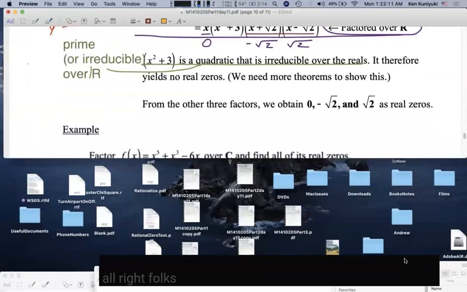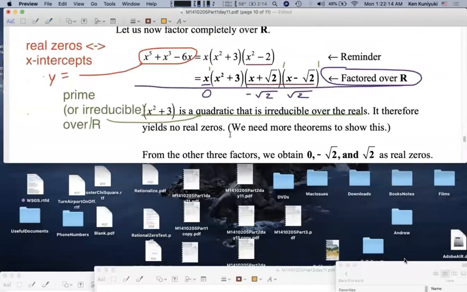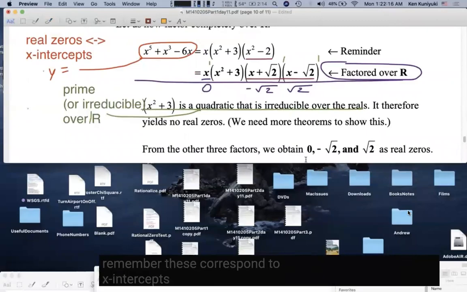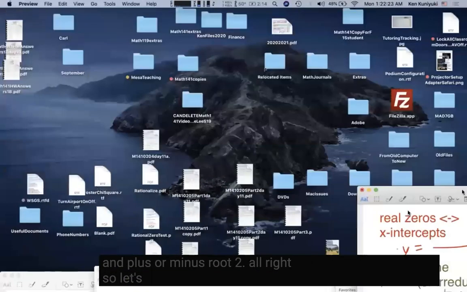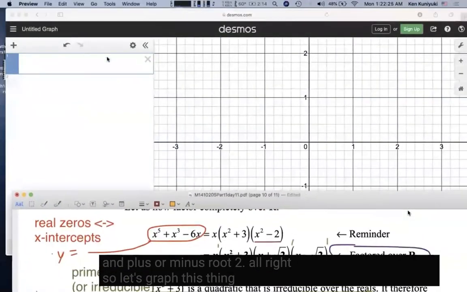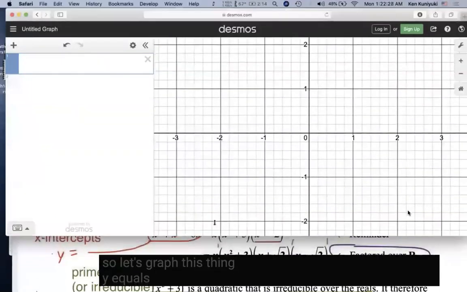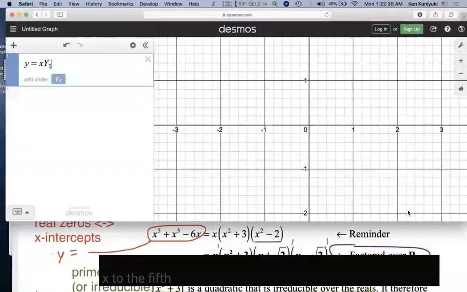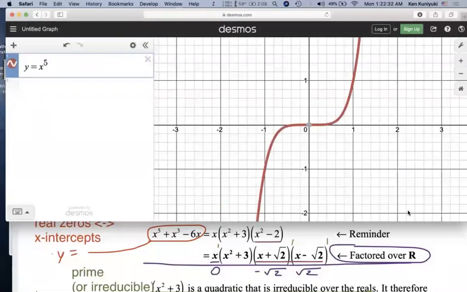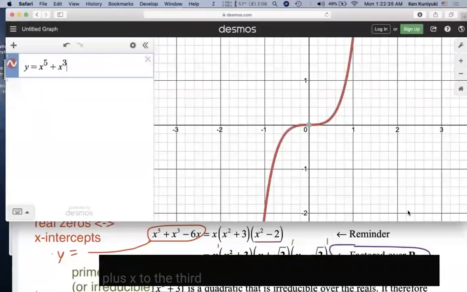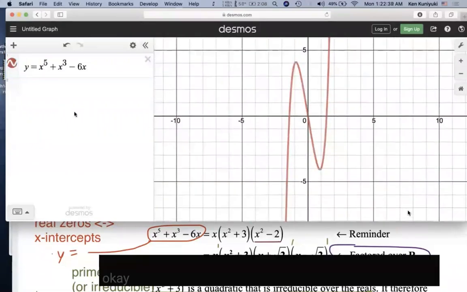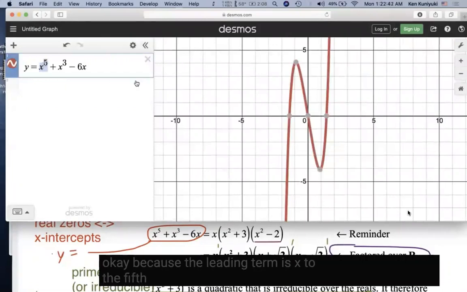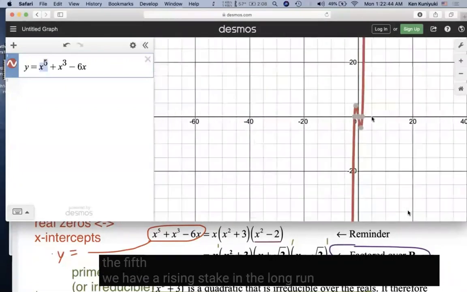All right, folks. Remember, these correspond to x-intercepts over here, the zeros, 0, and plus or minus root 2. All right, so let's graph this thing. By the way, you can't use Desmos as a justification. Because the leading term is x to the fifth, we have a rising snake in the long run.